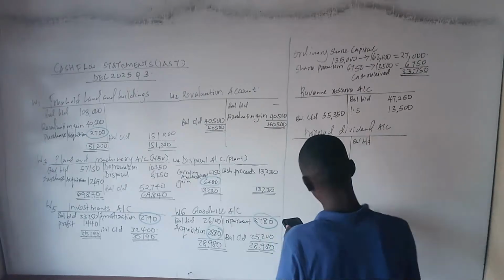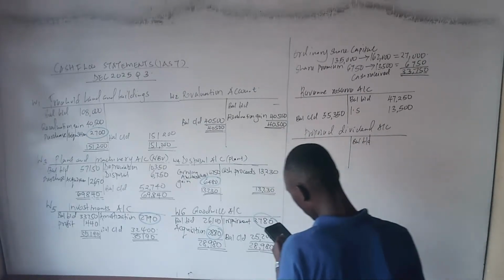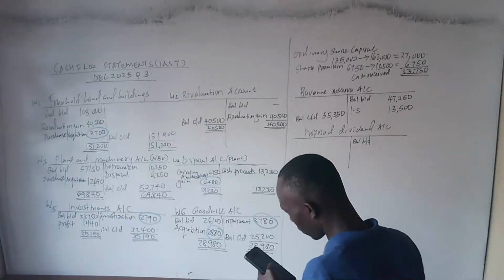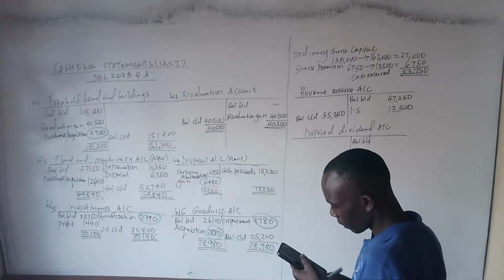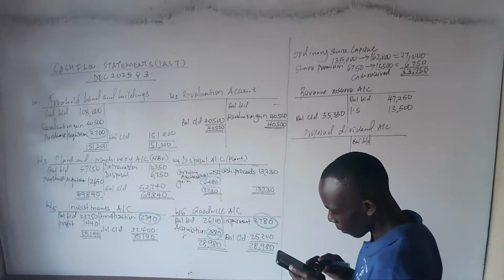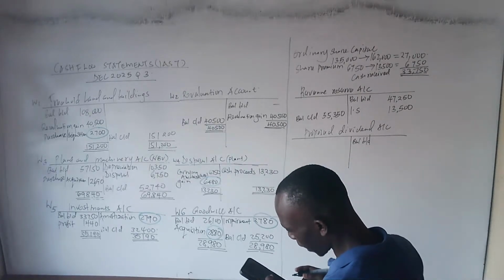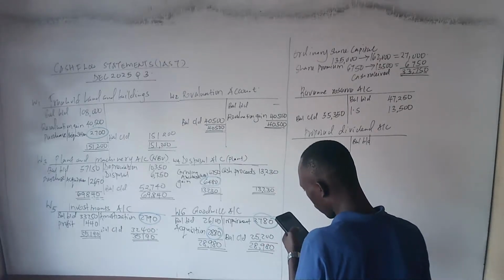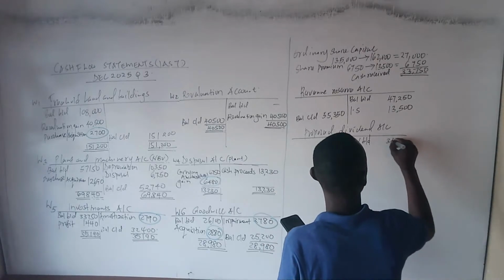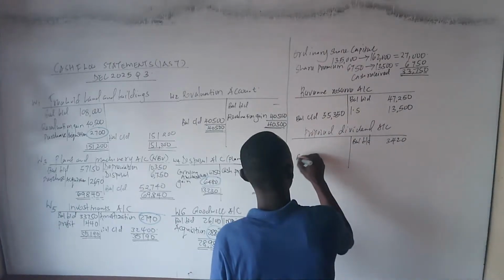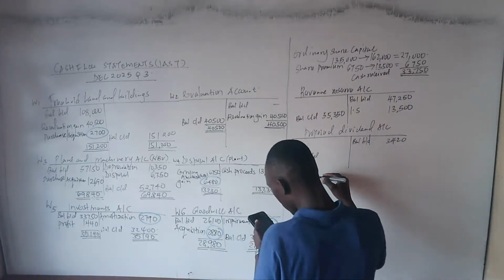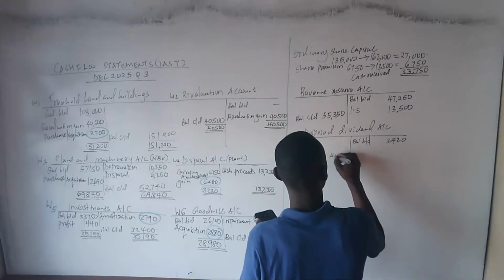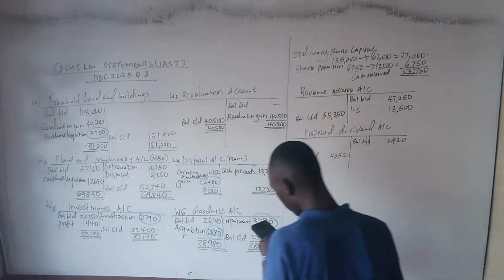Under current liability, proposed dividend, we are given the balance brought down of 3420, and then the balance carried down of 4050.